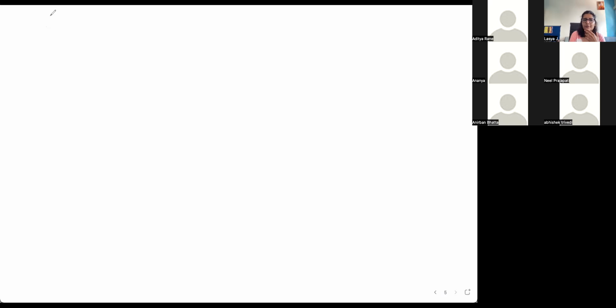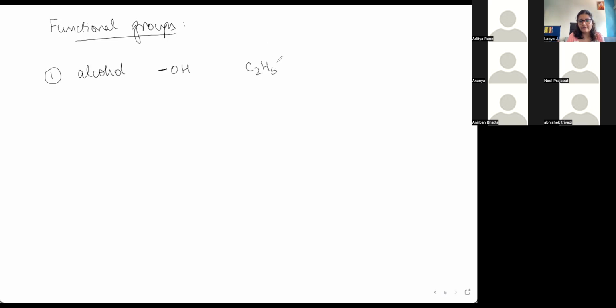All right, some common functional groups, just identify the names. The first one is alcohol. Alcohol is when there is a single bond OH. An example is C2H5OH. C2H6 is ethane.